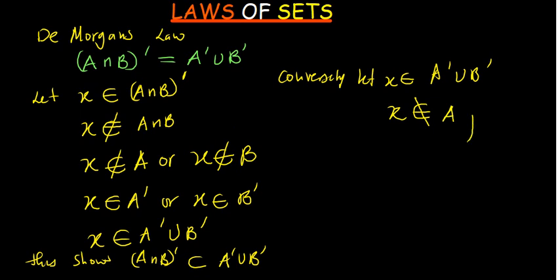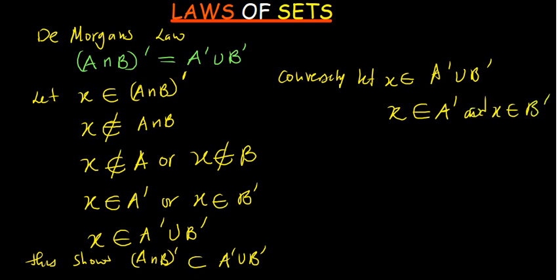Now we are supposed to say or, but look, this is not a member, and X is not a member of B. So I would have first started by saying X is a member of A complement and X is a member of B complement.